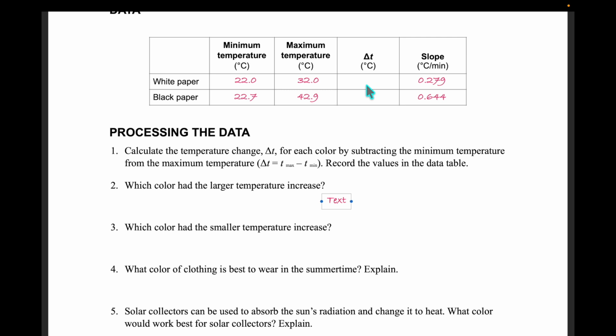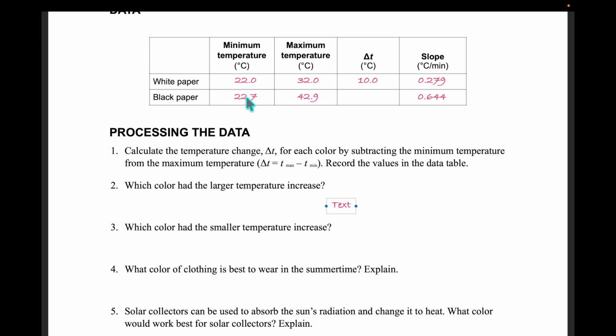Okay, so 32 minus 22 is 10. So our delta T here on the white paper is 10 degrees Celsius. Then, if we take the next one, 9 minus 7 is 2.